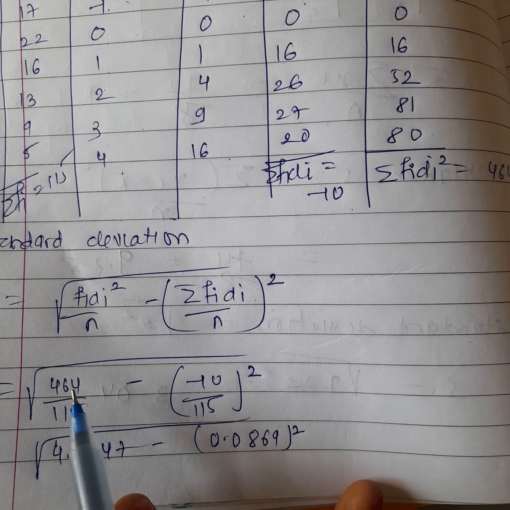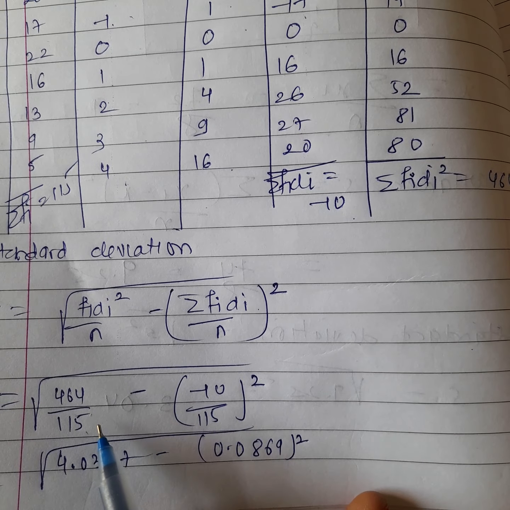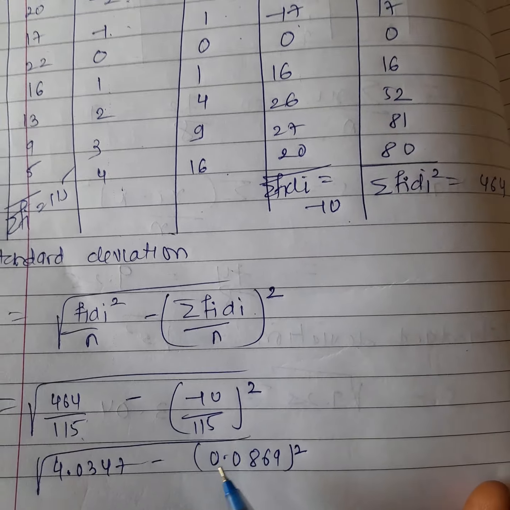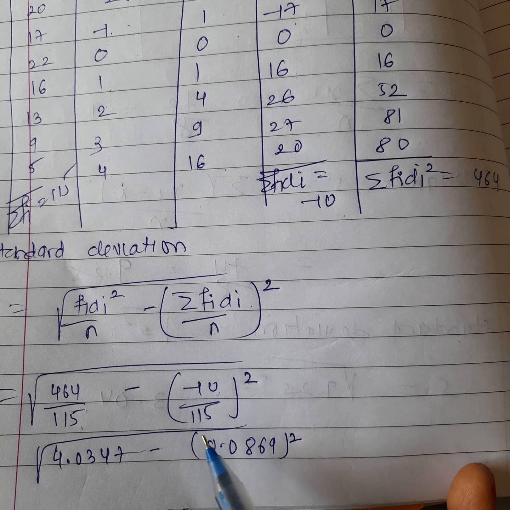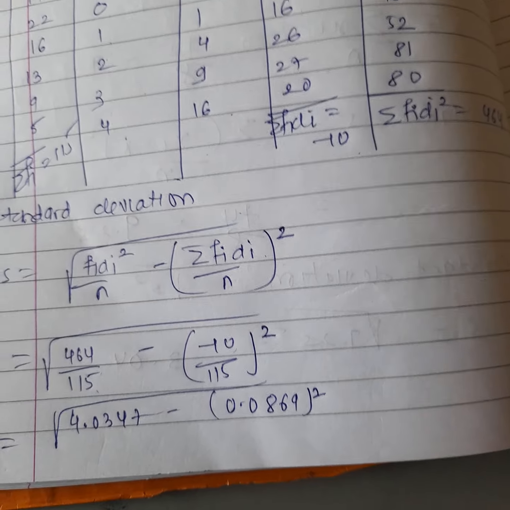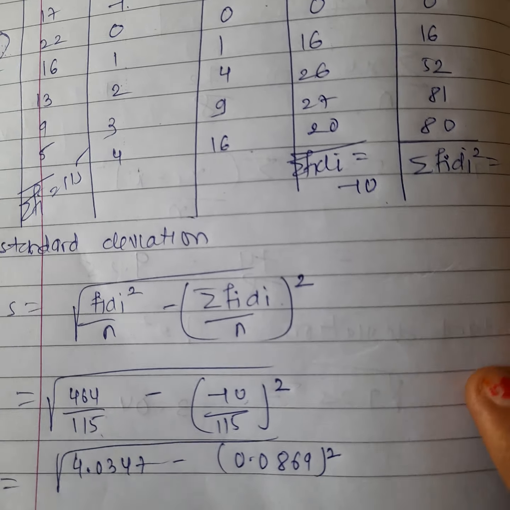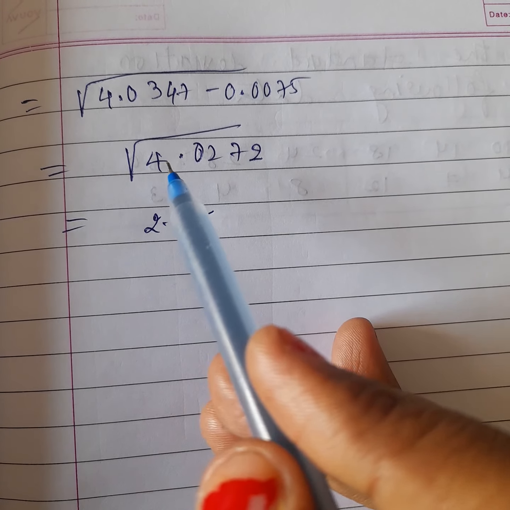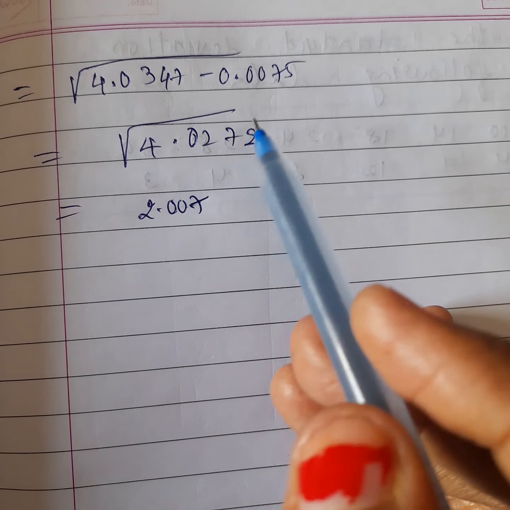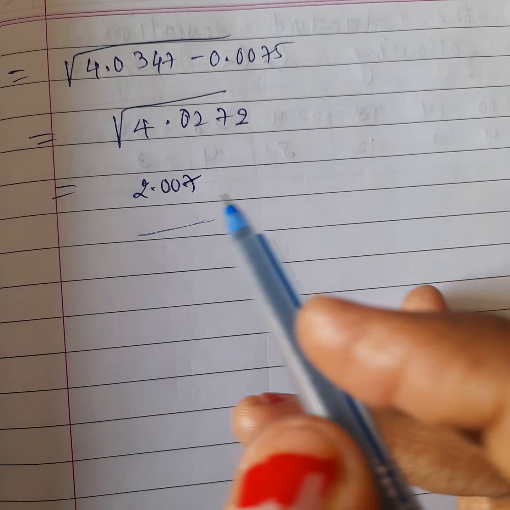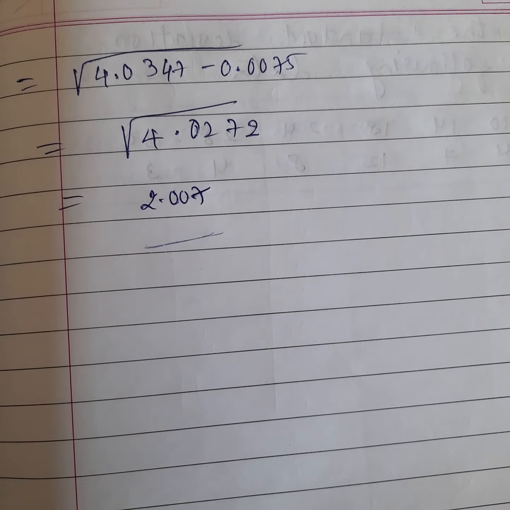When 464 is divided by 115, we get 4.0347. Minus 10 upon 115 is 0.0869, the whole square. Then subtracting, we get under root of 4.0272. Root of this number is 2.007. So the standard deviation value is 2.007.